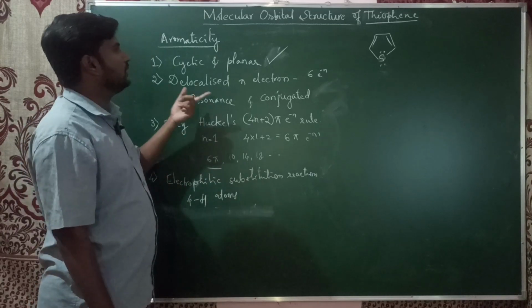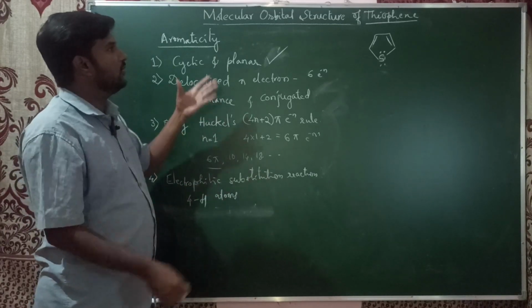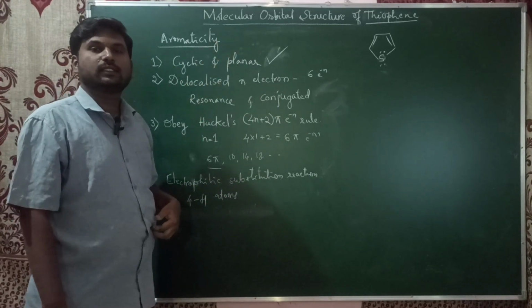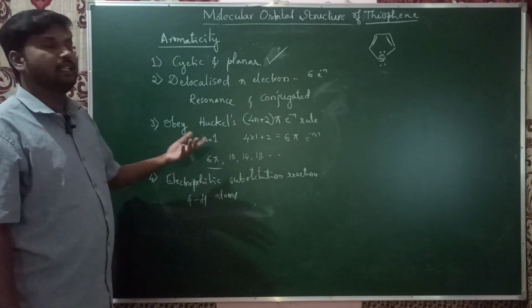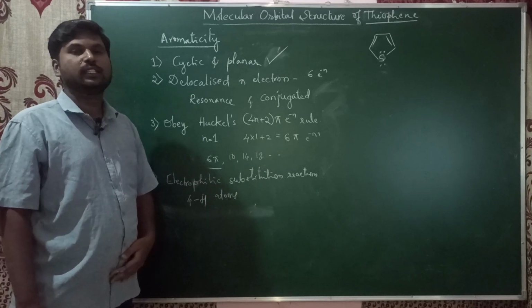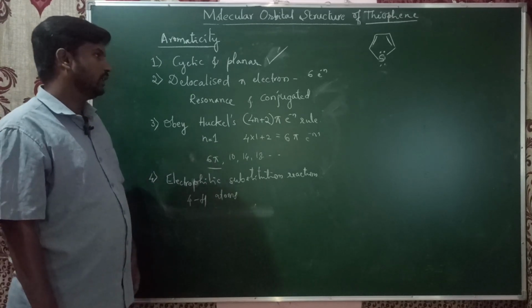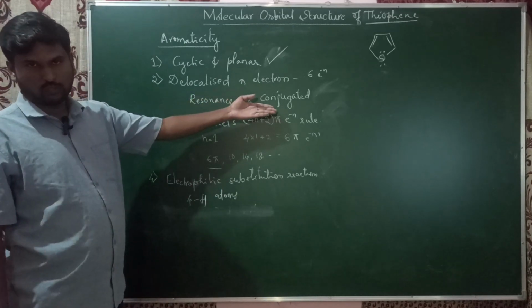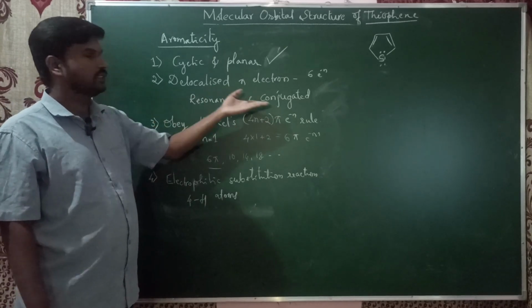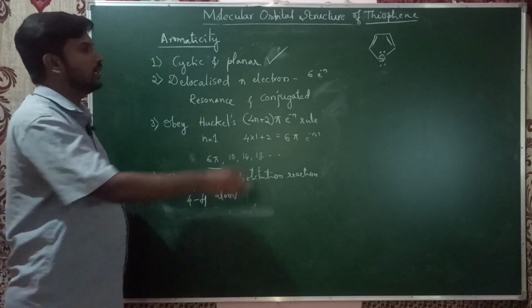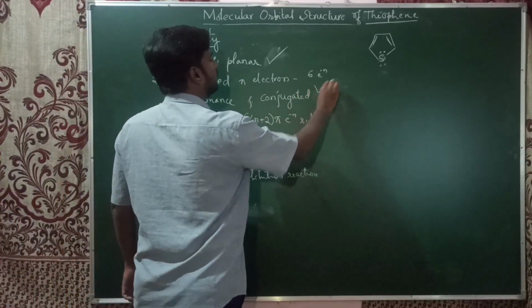We will discuss the resonance structures in detail in the next class, when we discuss the reactivity of thiophene, especially electrophilic substitution. This is nothing but conjugation, delocalization of electrons leading to resonance structures, that is a conjugated system. So thiophene fulfills this criterion too.